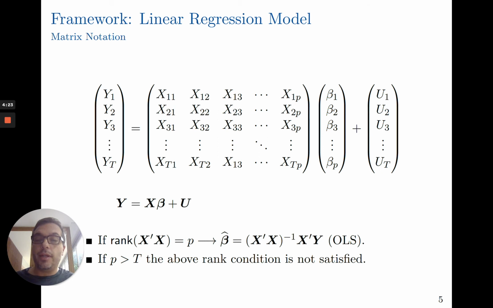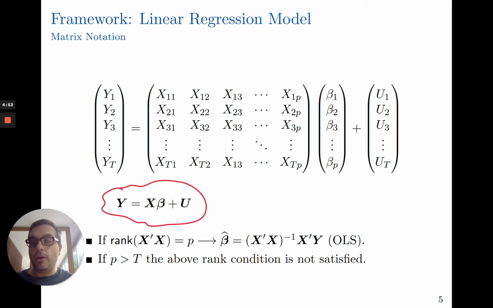Just to remind you, we are going to work a lot with matrix notation. So we are going to stack all the observations in vectors. We stack the dependent variable, we stack the regressors, and we have a short notation that's y equals x beta plus u.